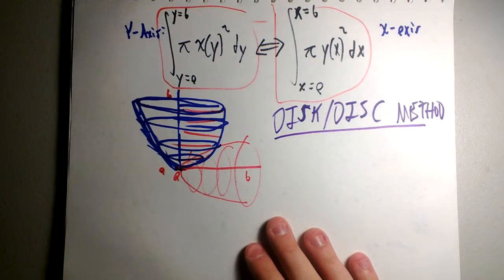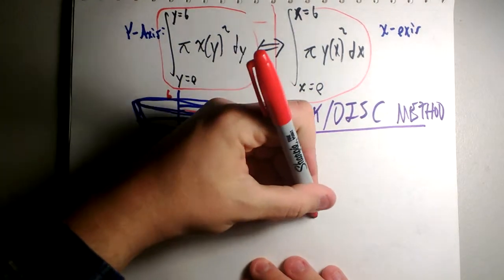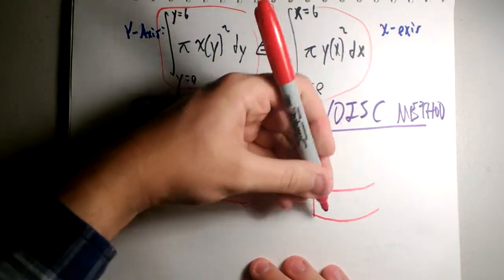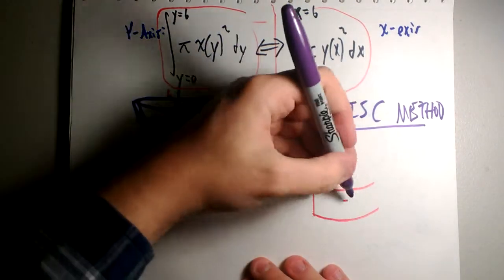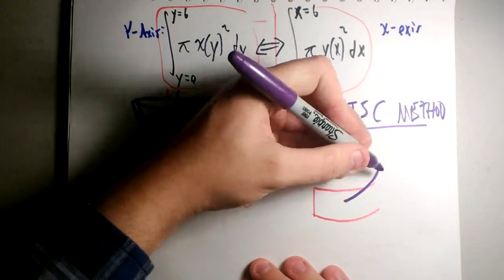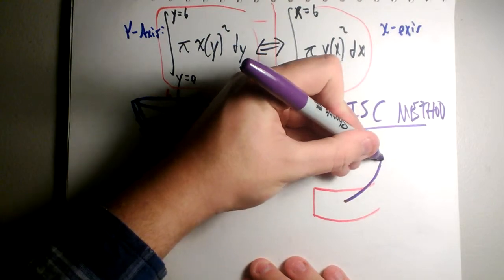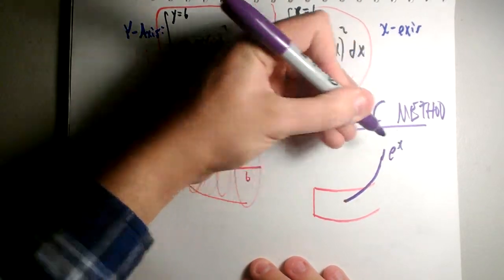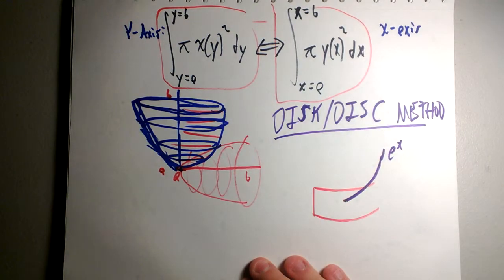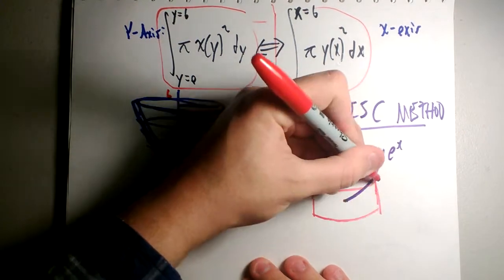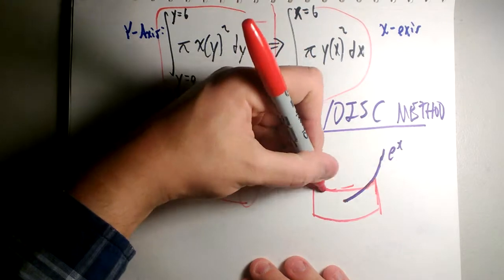But there's one other way we could integrate. So imagine this. Imagine we have this curve, let's say like e to the x. You have this curve e to the x, and we're only taking it from 0 to, I don't know, 2 or something like that. Imagine this though. What if we had this shell?